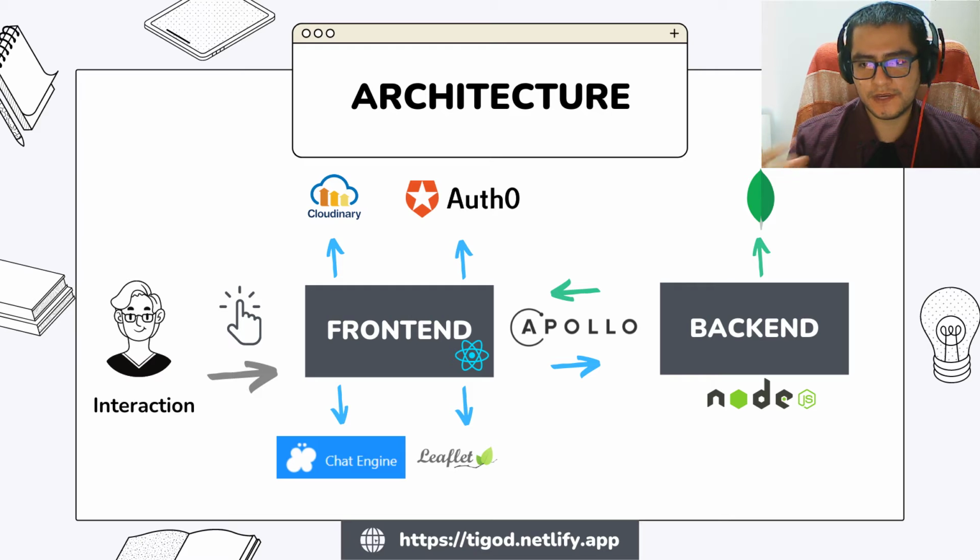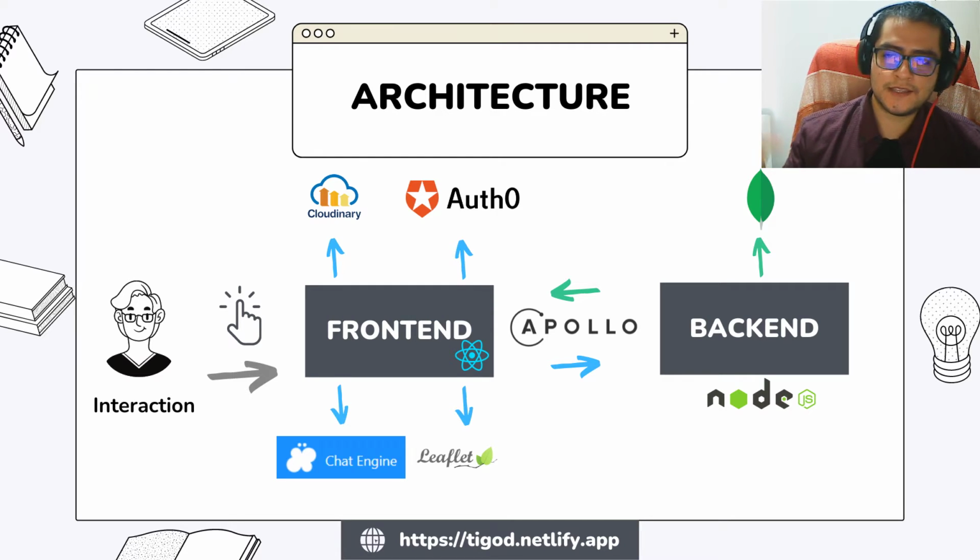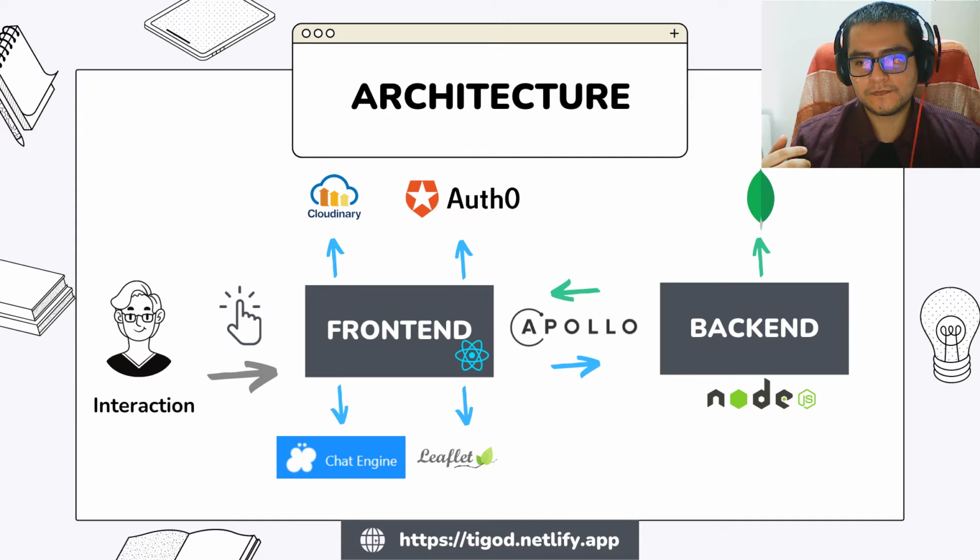These APIs help a lot to the development, but I need communication with a backend. To do this, I decide to use Apollo with Apollo server and client because I need to control what data I need to bring of the backend. So Apollo helps a lot with this.